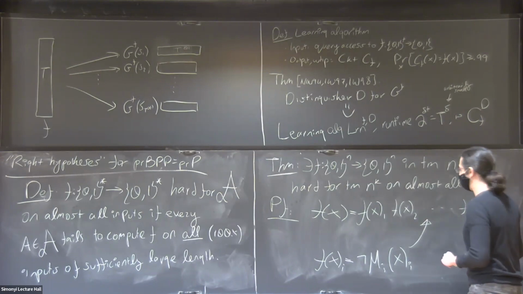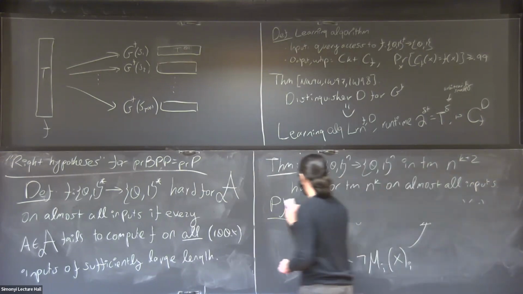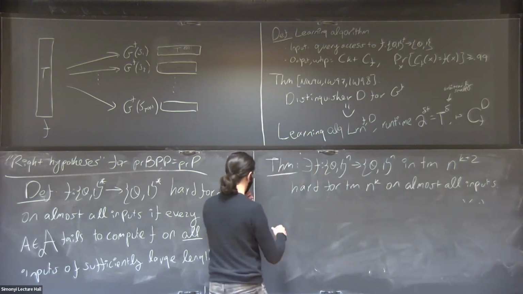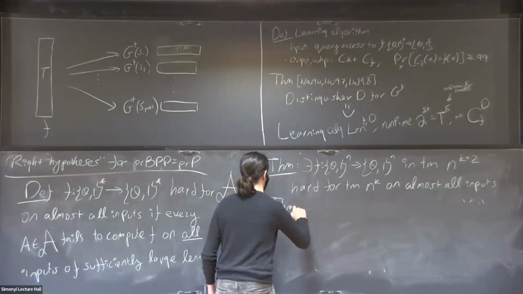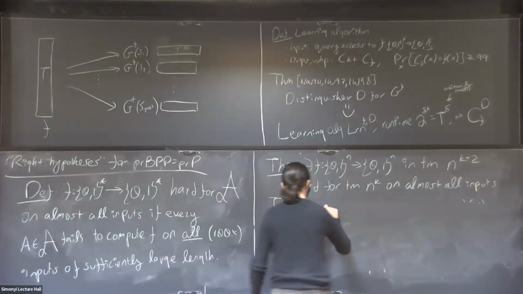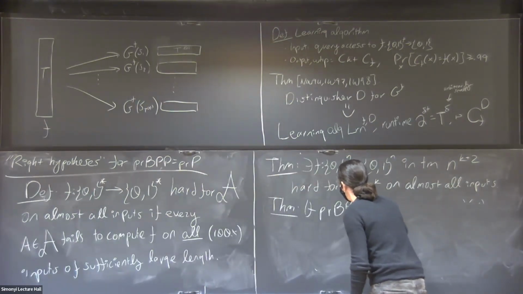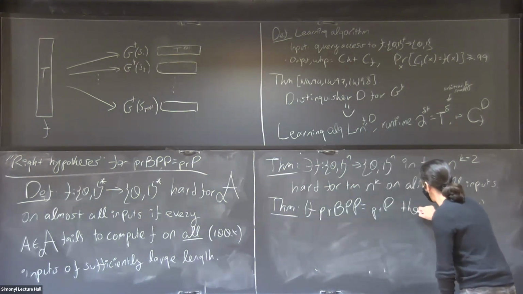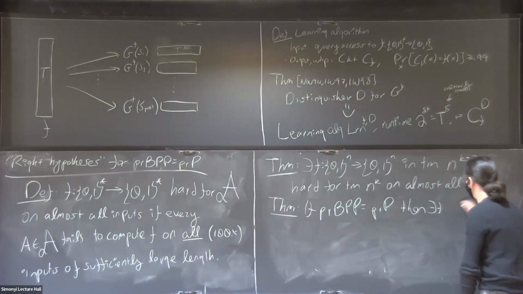I'm going to write a follow-up. It's just as easy to prove. If promise BPP equals promise P, then there exists a multi-output function.